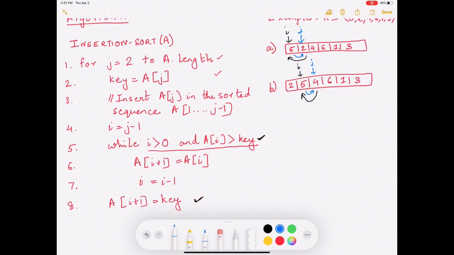Okay, so now let's look at the next step. So you have 2, 4, 5, there is 6, 1, and 3. Okay, so let's look at position of J. So J is here. Now 2, 4, 5 are already sorted. Where is I? I is going to be here.